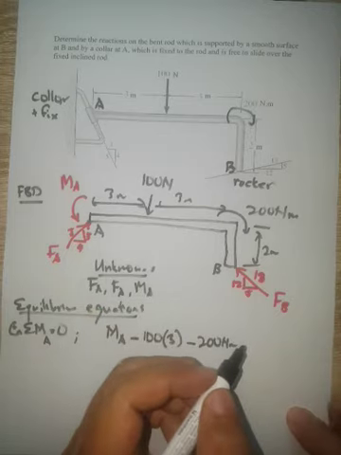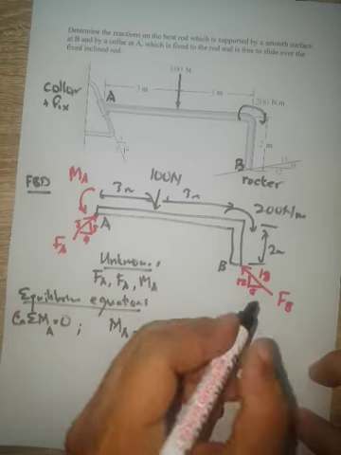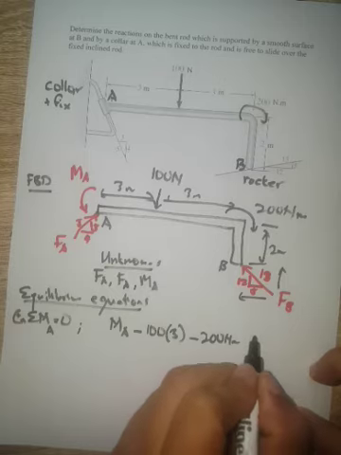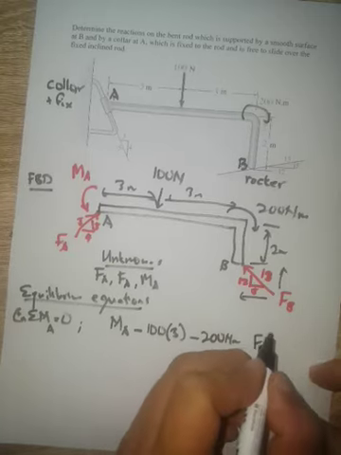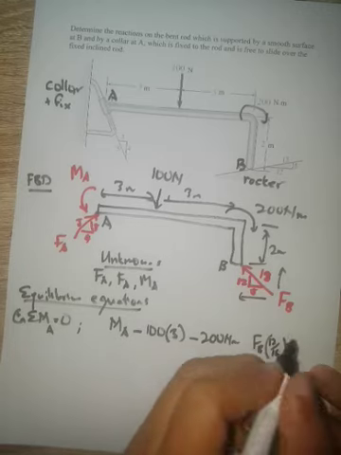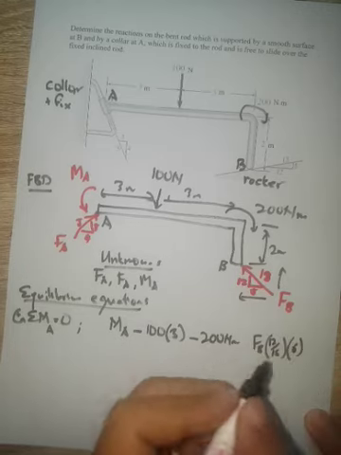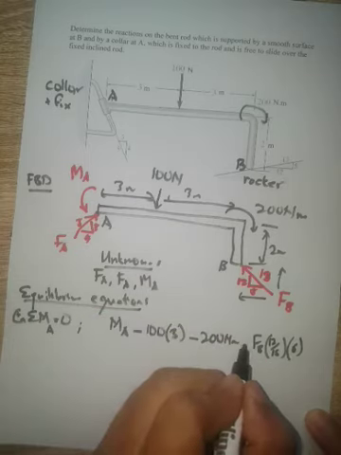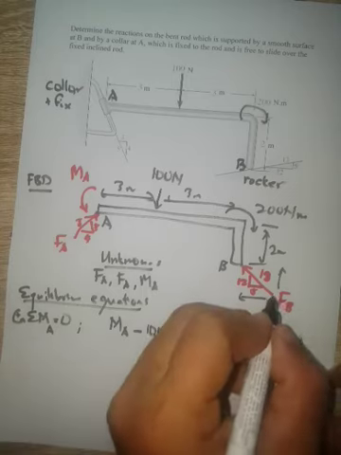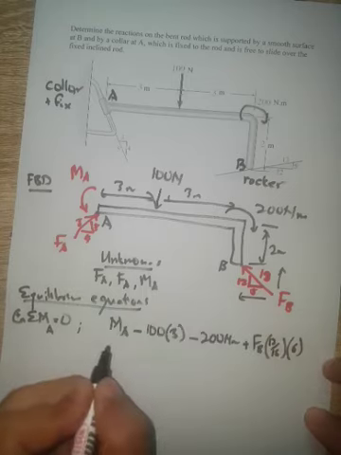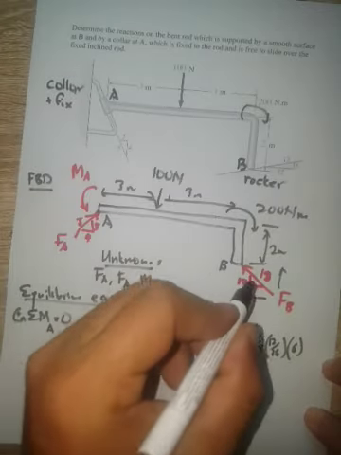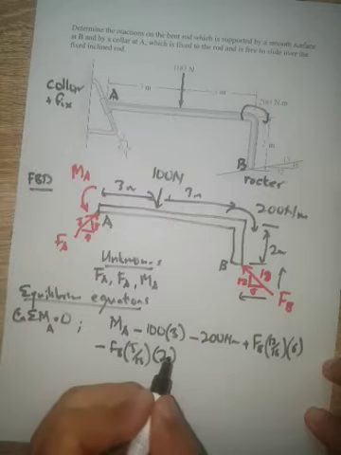And then we have FB, which we can resolve into components Fx and Fy. So we have FB 12/13 with the perpendicular distance of 6 meter. Since the vertical component rotates counterclockwise, it's positive. For the horizontal component, FB 5/13 with the perpendicular distance of 2 meter, it rotates clockwise, so negative, equal to 0.